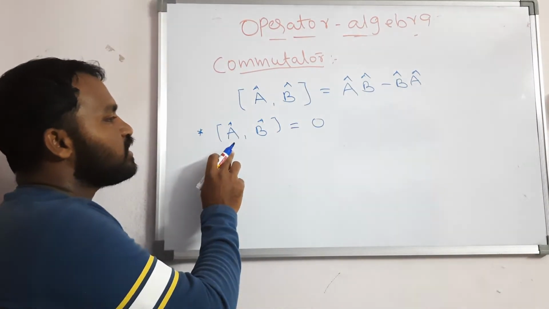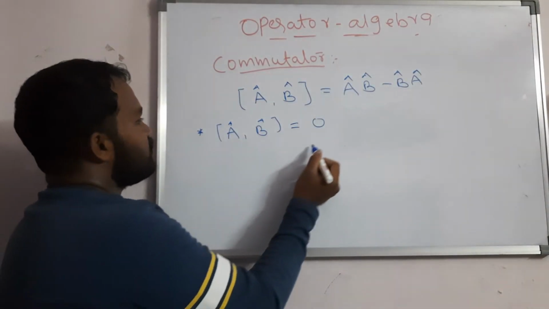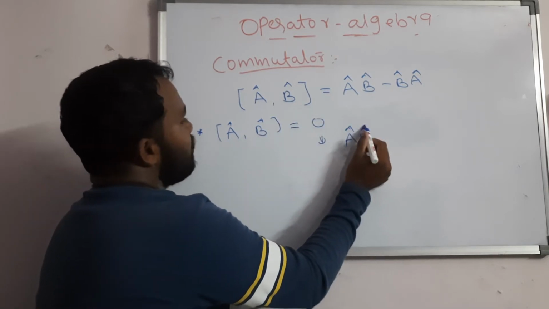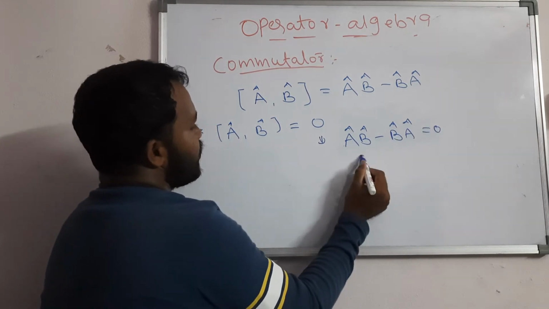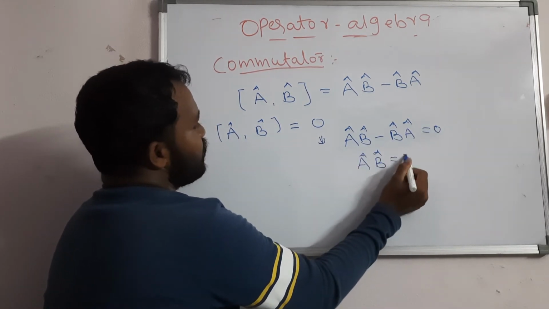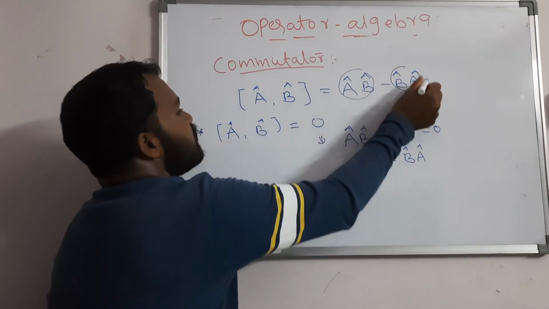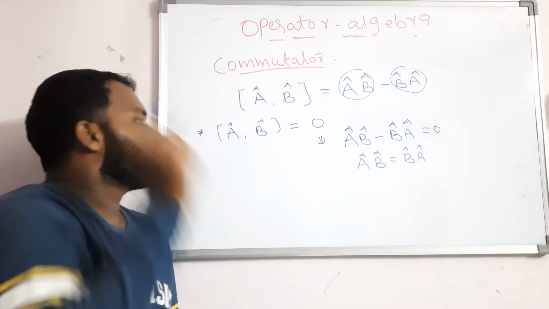That means A cap B cap minus B cap A cap should be 0, so A cap into B cap is equal to B cap into A cap. Only then will we get 0. Whenever A cap, B cap commute with each other, we get 0.